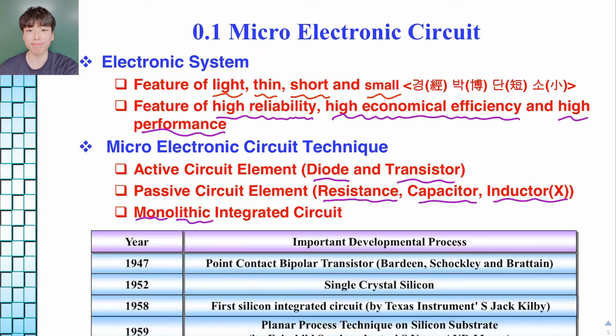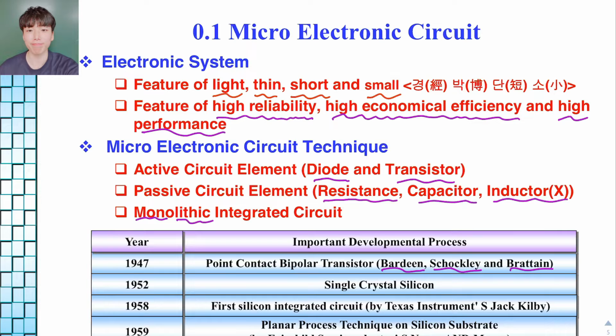And the history of important developmental processes. In 1947, the point contact bipolar transistor was developed by Bardeen, Shockley, and Brattain. In 1952, single crystal silicon was developed, and in 1958, the first silicon integrated circuit was made by Jack Kilby of Texas Instruments.